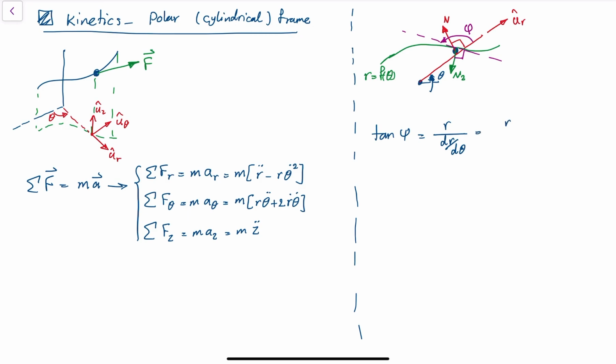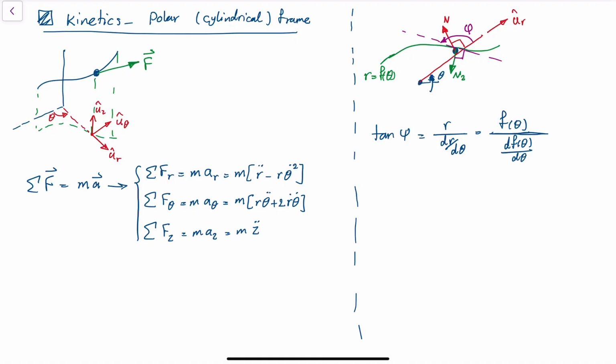Let's write it this way: f of theta divided by f prime. No, let me write it as f of theta over d f over d theta. And that's how you calculate the angle psi.